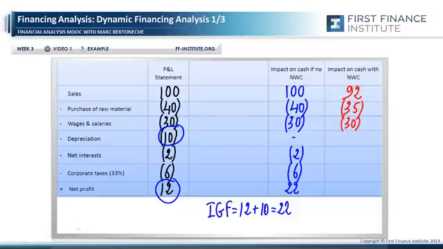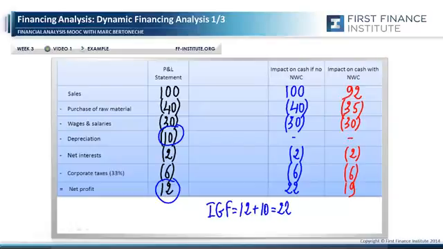Depreciation is still a non-cash expense, not getting out of the company. Then we have the 2 of interest that you have to pay to the bank, and the 6 that you have to pay to the tax man. And if you do that, 92 minus 35 minus 30 minus 2 minus 6, you'd find 19.